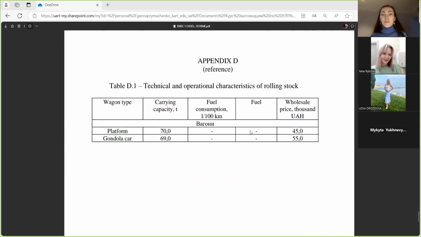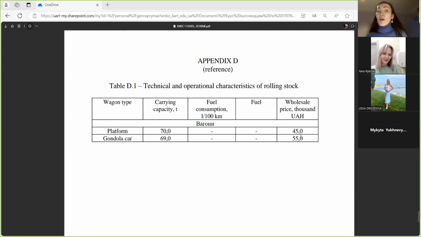Okay. Now I show it and please use the first columns for wagon type, and the last columns to find how much money we need to pay for using this type of wagons.